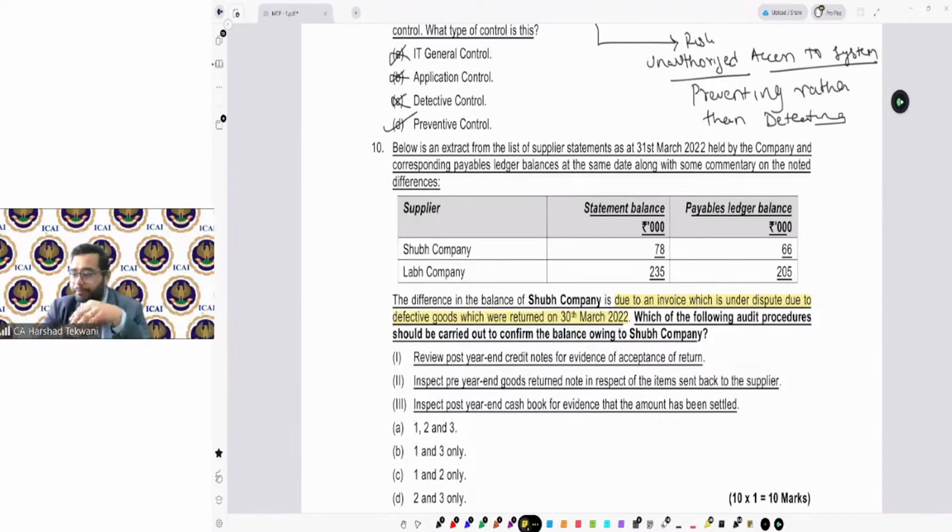Come on, guys. Your options are A, B, C, D. What option will you select? Which procedures will you perform to verify the difference in the balance of ship company?